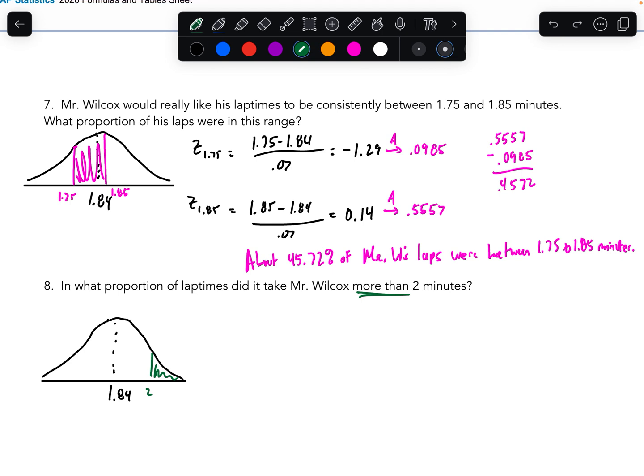We're going to just do that subtraction business. So 2 minus 1.84 over 0.07. Maybe 2.29 with rounding. And to table A we go.